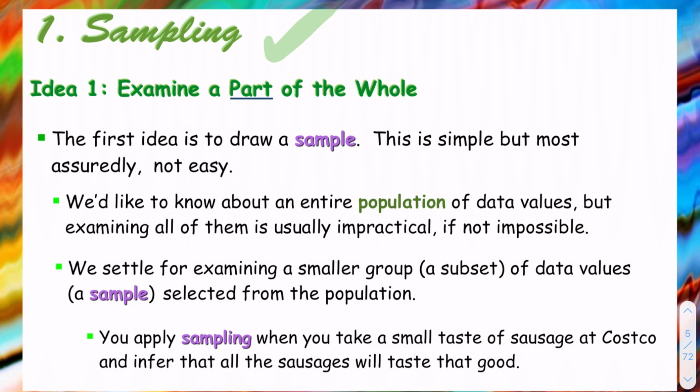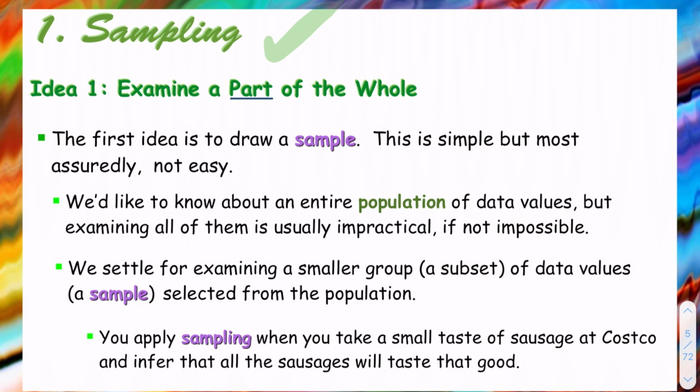We'd like to know about an entire population of data values, but examining all of them is usually impractical, if not impossible. Just think this year, 2020, how difficult a census was to take, asking everyone involved. So we settle for examining a smaller group or a subset of data values, which we call a sample, selected from a population.